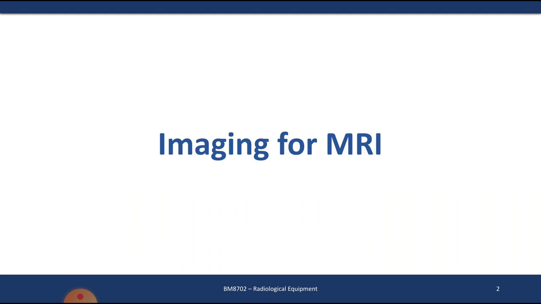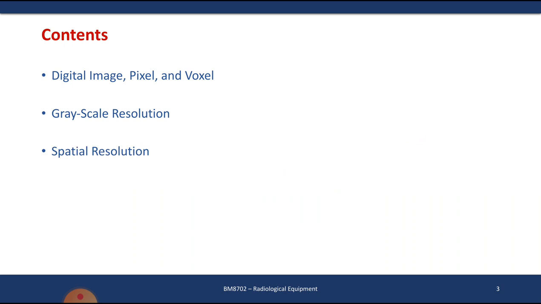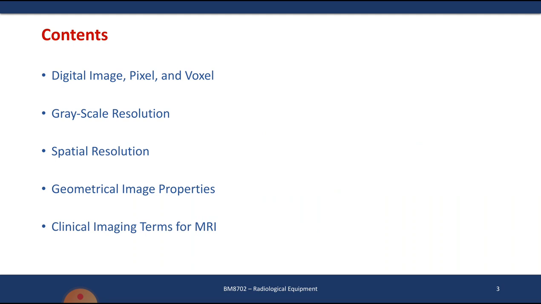Imaging for MRI. What are the different topics we'll be seeing? You'll be seeing about digital image, pixel, voxel, grayscale resolution, spatial resolution, geometrical image properties, and some clinical imaging terms. So these are the different topics which we'll be covering.